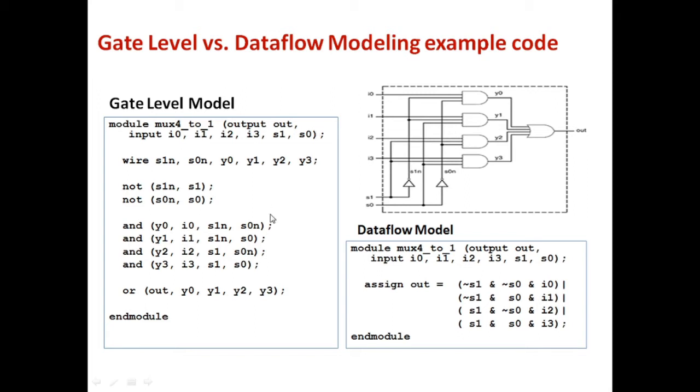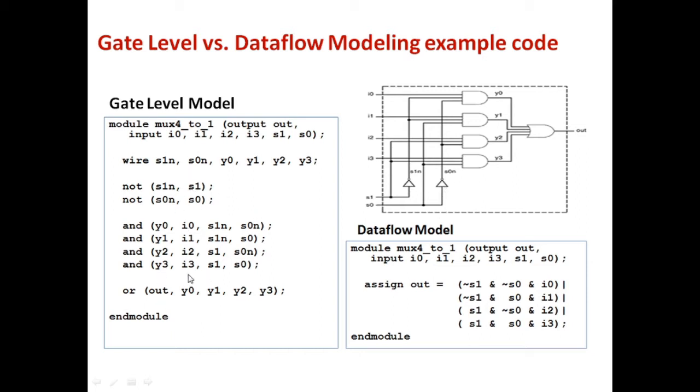So let us move on. As we know how to design gate level modeling using previous knowledge, we are going to construct the design. I have two primitive gates, not and not. S1N is the output of the first not gate, S0N is the output of the second not gate, and the input of the first not gate is S1 and the input of the second not gate is S0, like this.